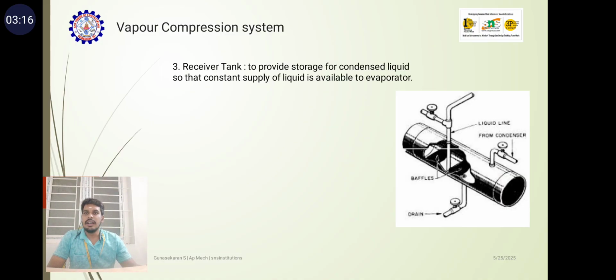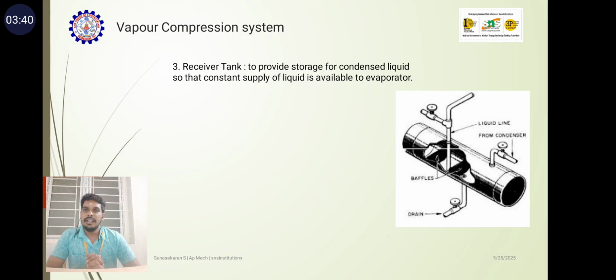Then the reservoir tank is the storage component used in the vapor compression refrigeration system. It is located after the condenser and before the expansion valve. This is the third one, the reservoir tank. Then we are seeing the fourth one, the expansion valve.